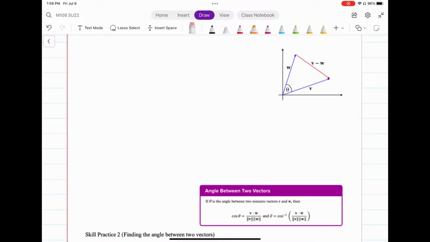If the dot product between vector v and vector w is positive, then the cosine of theta is also positive. And if the cosine of theta is positive, then theta has to be in the first quadrant and must be between 0 and 90 degrees.